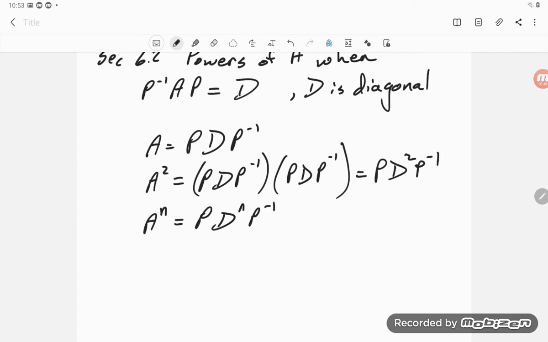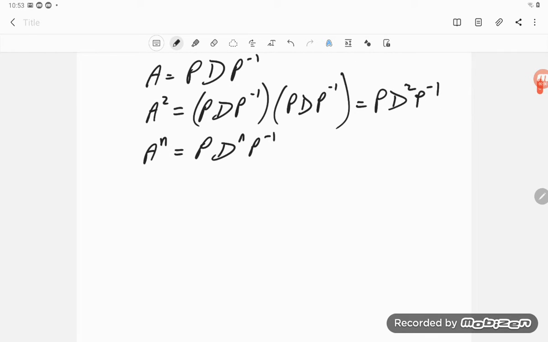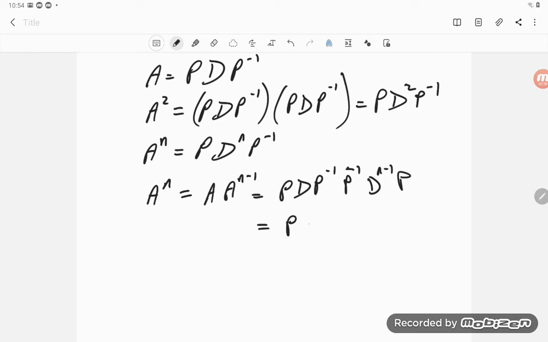So if we know P, D, and then P inverse, computationally this is pretty darn simple compared to actually multiplying out A to the N. And again, that induction proof would be something like A to the N is A times A to the N minus 1, which means that that's PDP inverse times, using our induction hypothesis, P D to the N minus 1 P inverse, and that gives us our PD to the N P inverse.